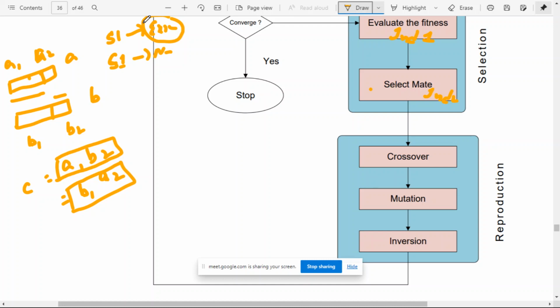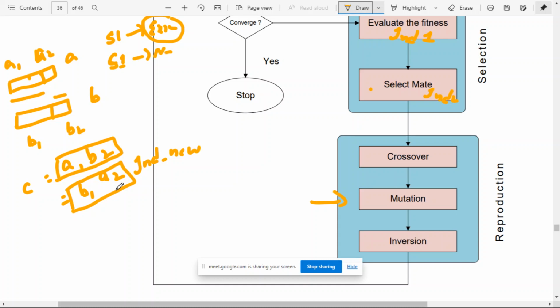So here also after crossover, this entire solution is the new solution, which we call a new individual or new solution. So this new solution will go through mutation. During mutation we may change some of the bit values. Everything here will be bits, zeros and ones. So some information we may change.